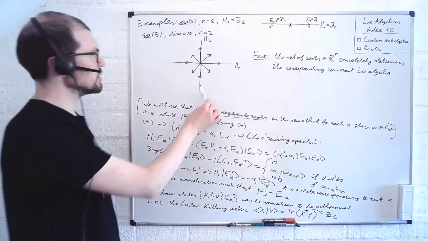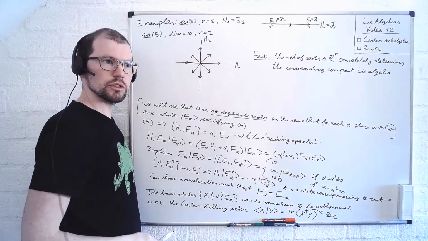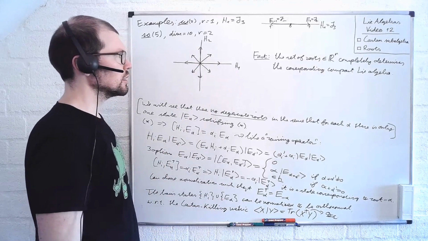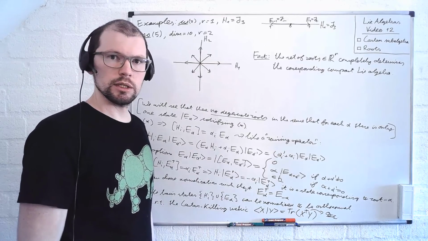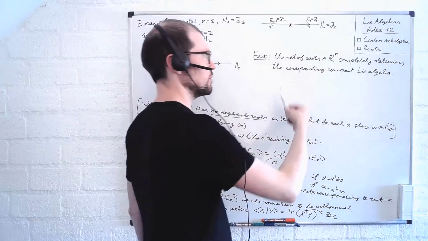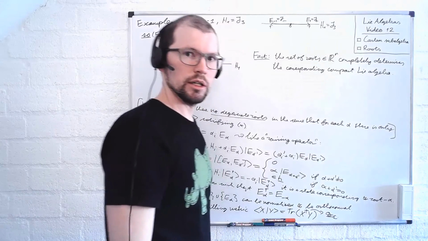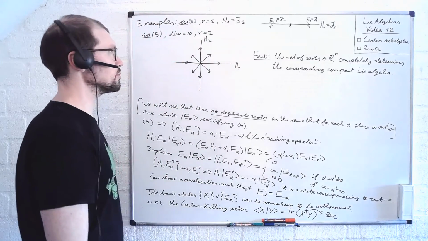So as soon as we see a picture of all the roots of a Lie algebra, one can actually completely work out what the structure constants are going to be, and therefore determine the abstract underlying Lie algebra belonging to this picture.